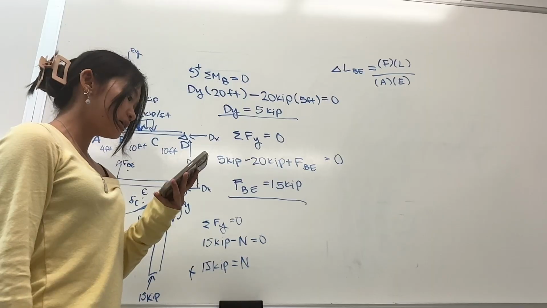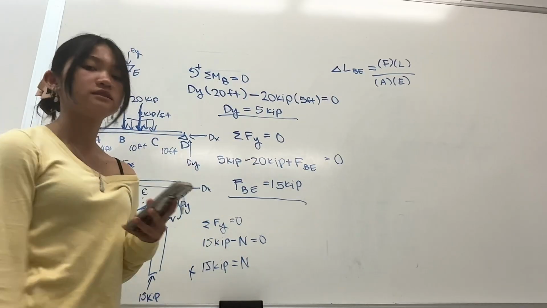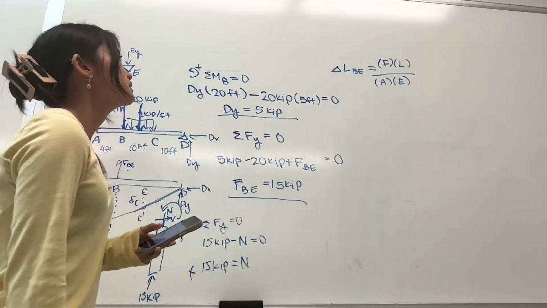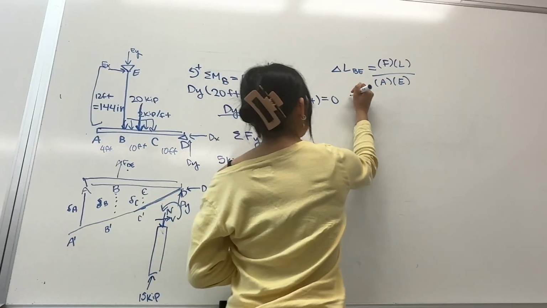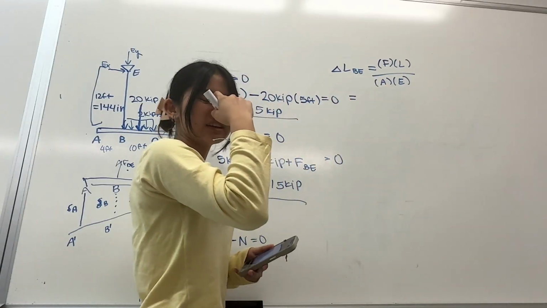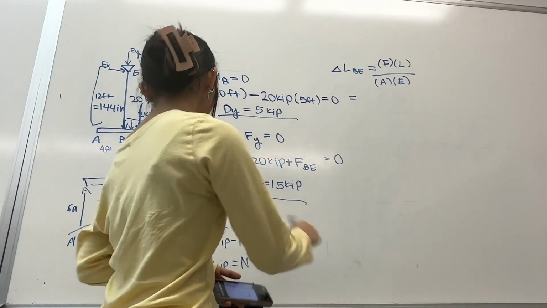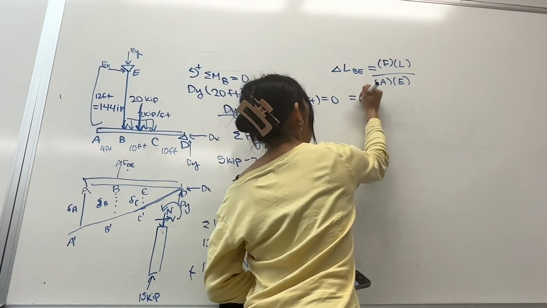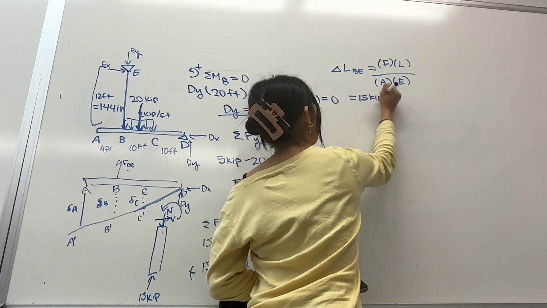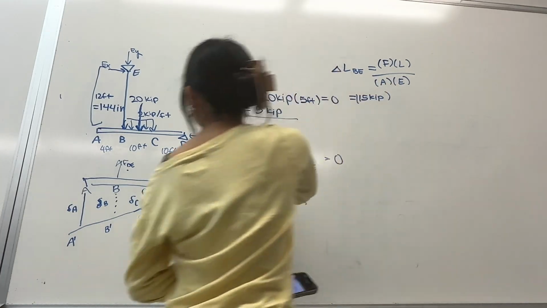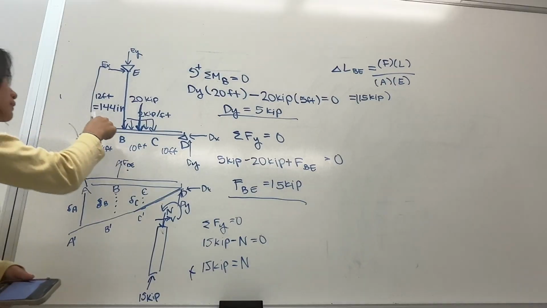And then we have, as I said, our modulus of elasticity. So we can just plug everything in to find our change in length. So we have 15 kip multiplied by what we said here, 144 inches.